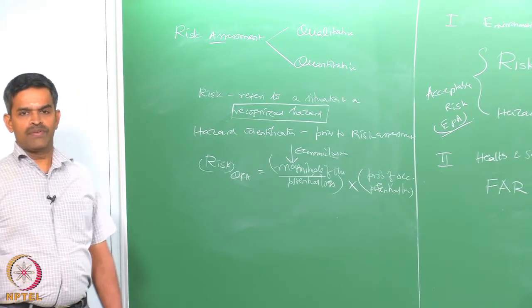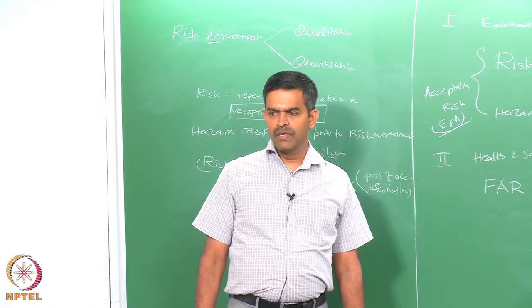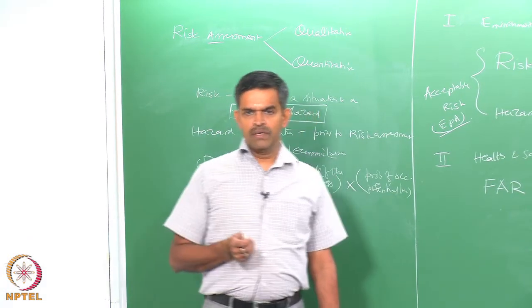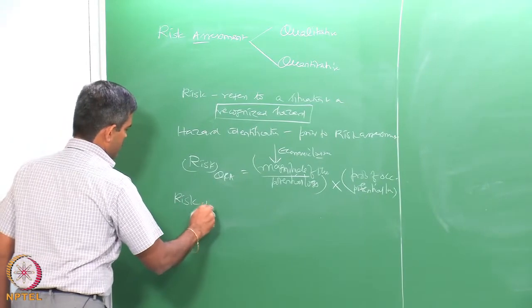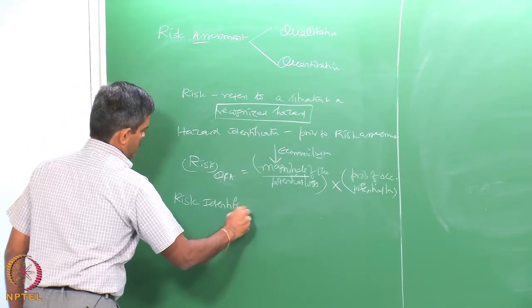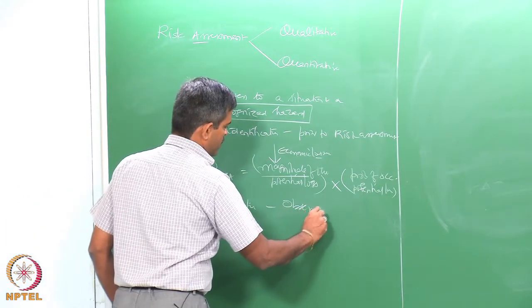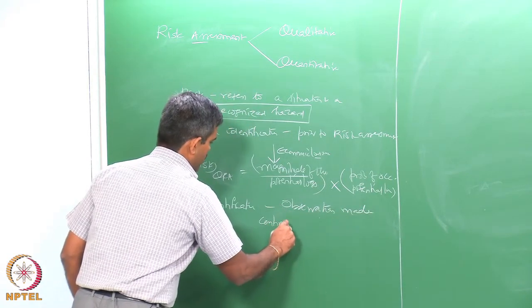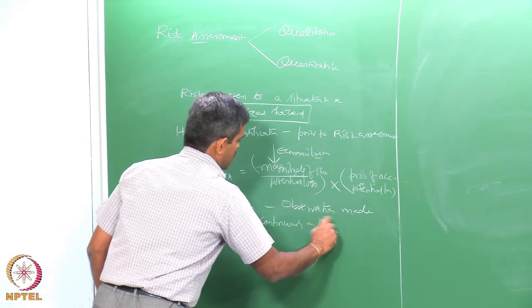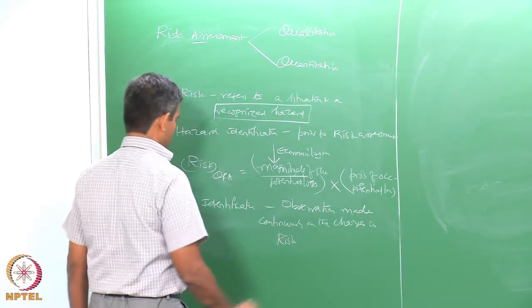Now, the risk evaluation deals with the events and therefore, it is qualitative. Risk is also identified by continuously observing the changes in risk parameters. So, risk identification is observation made continuously on the changes in risk parameters.